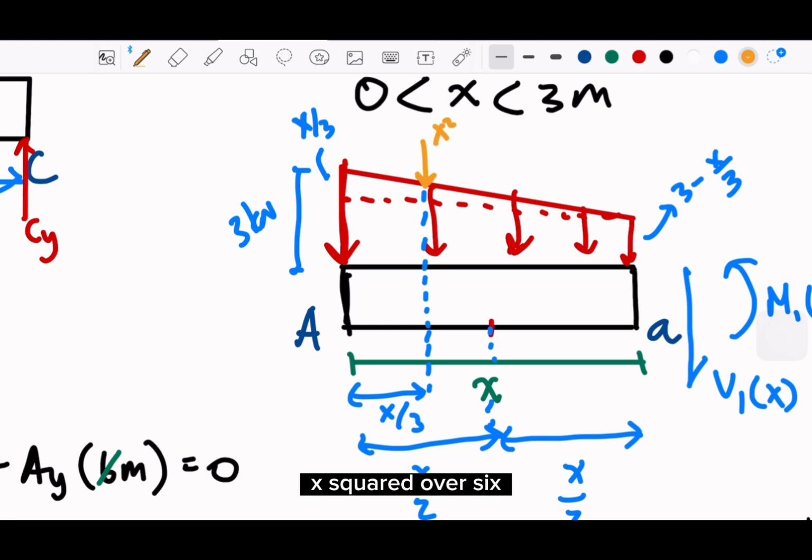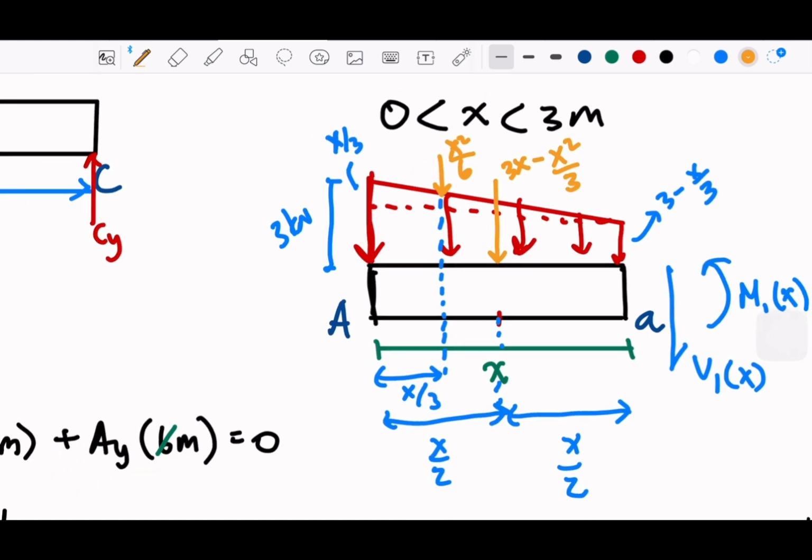X squared over 6. Oh, sorry, not 9. Sorry, not 9. Okay, and this part here will be 3x minus x squared over 3. Okay.